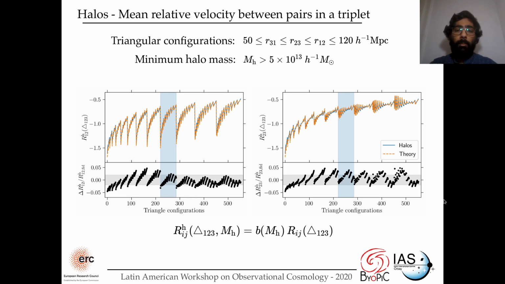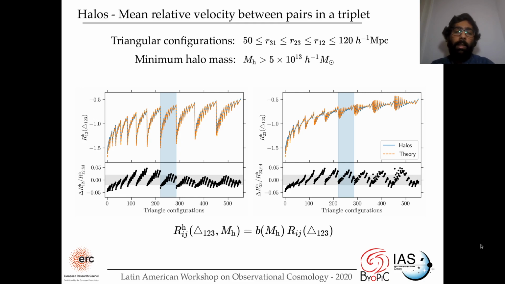For the analytical prediction, what we did was to introduce a scale-independent but mass-dependent bias factor times the prediction for the radial mean pairwise velocities between pairs in a triplet, as we had shown earlier.